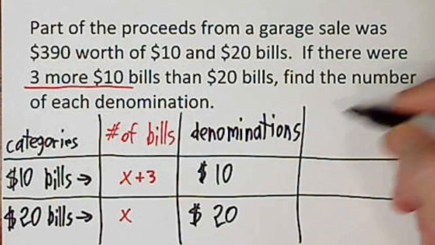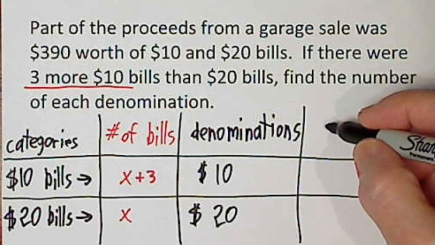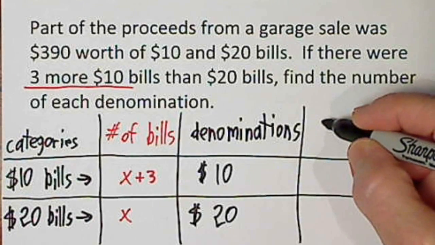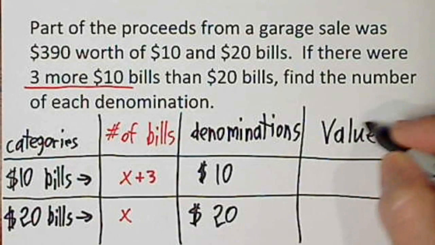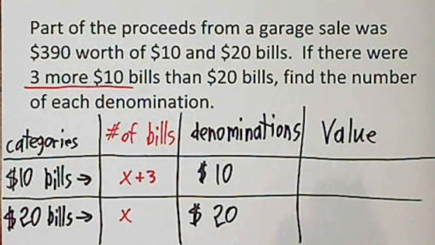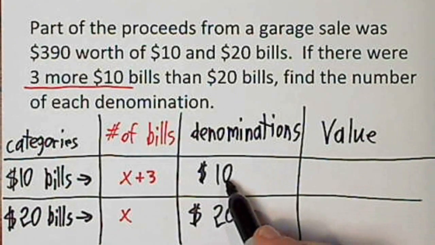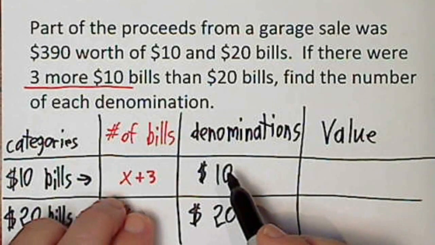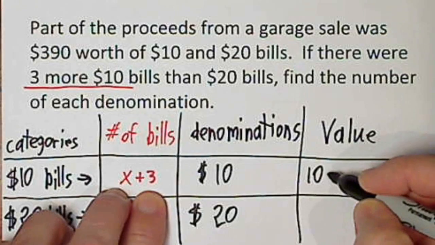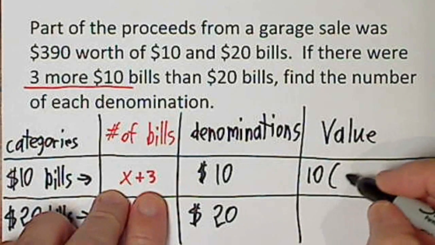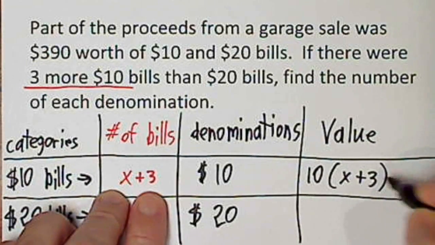I'm going to call this value. And I have $10 worth of X plus 3 bills. So that's 10 times the quantity X plus 3.